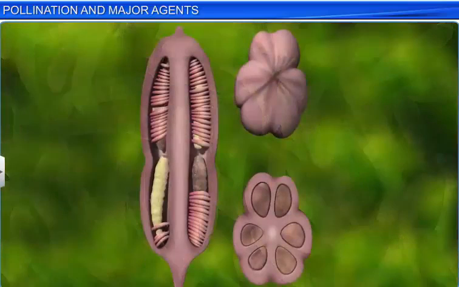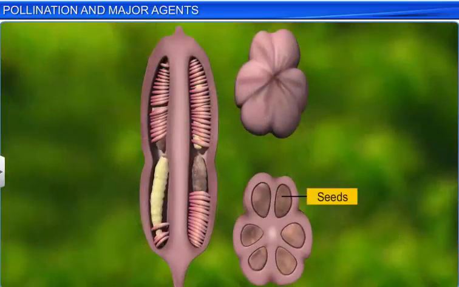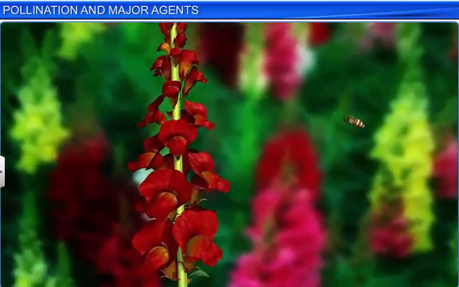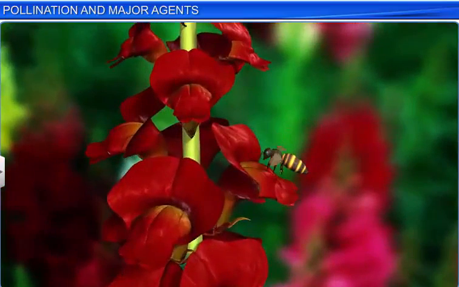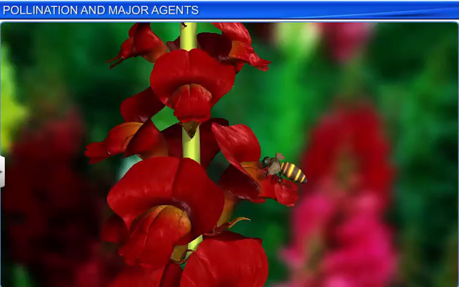Thus, both the moth and the plant are dependent on each other for the completion of their respective life cycles. However, certain birds and insects such as the bumblebee visit flowers for nectar and pollen, but don't bring about pollination. These creatures are referred to as pollen robbers.